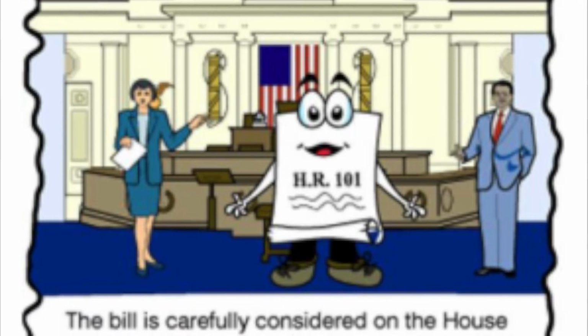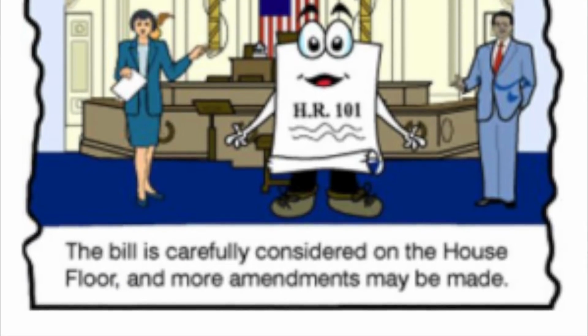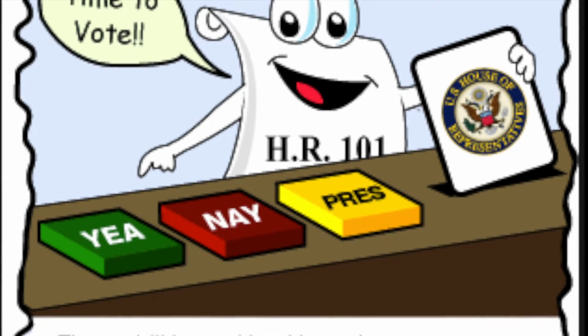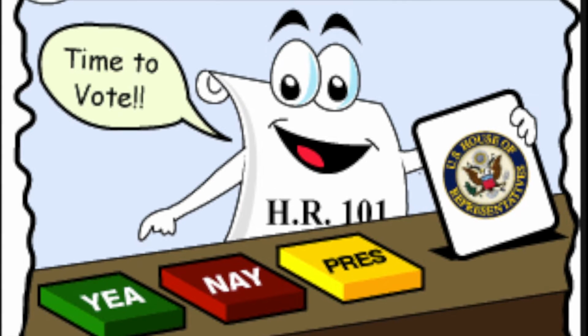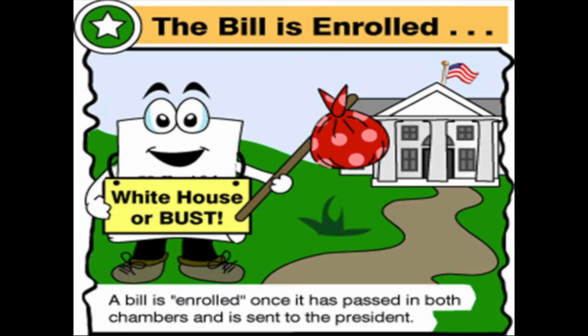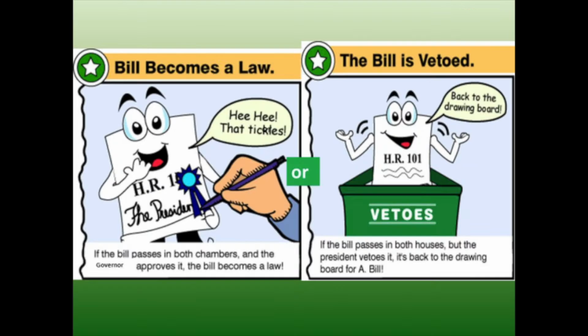After it is debated, it is voted on in each house. And then after it is voted on, it is sent to the president, where the president will sign it into a law, or it will be vetoed.